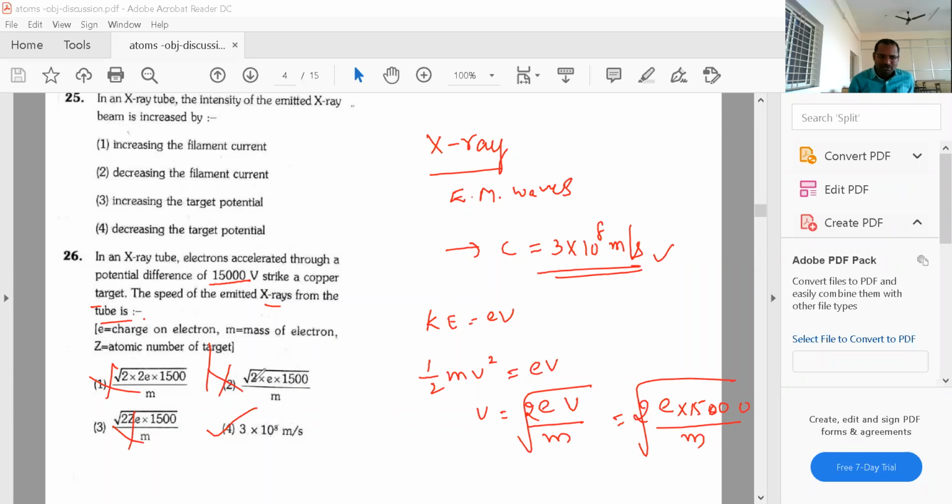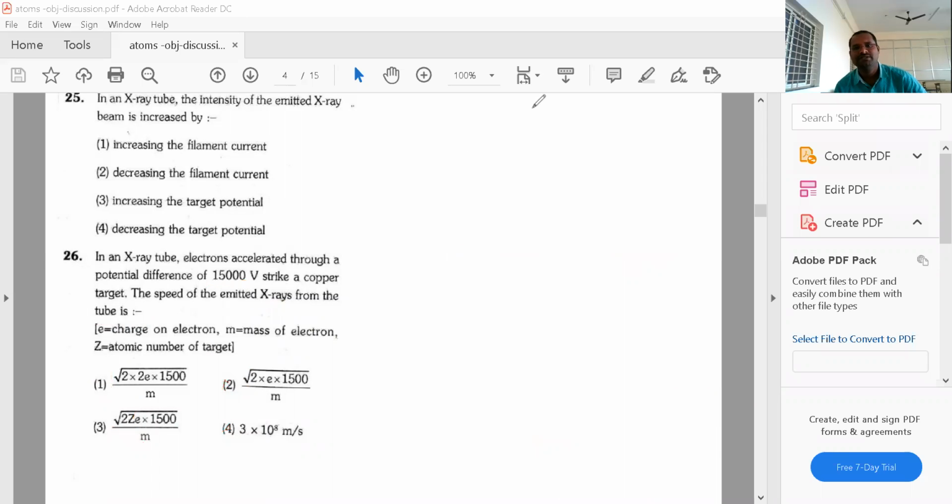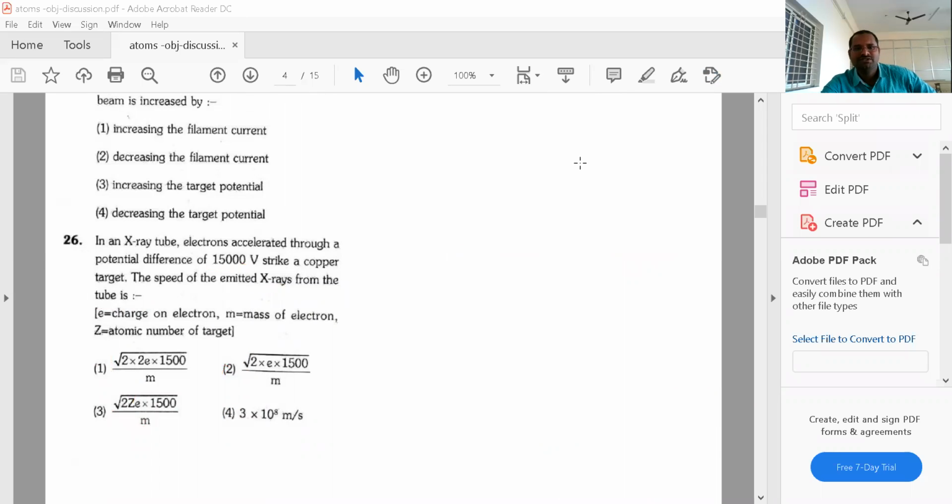So where is the option? Option 2 is there, so they will take it. But that is wrong, because these are X-rays, and X-rays always move with the speed of light. Don't get confused. Option 4 is the right answer. Got it? Students, are you understanding? Question number 26 is over.